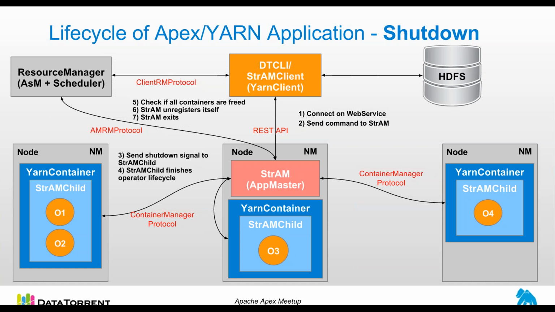Now all the different components of the Apex application have exited, and finally DTCLI can check with the resource manager whether the application has completely shut down or not. That's how the application is going to exit gracefully. Any questions till this point?